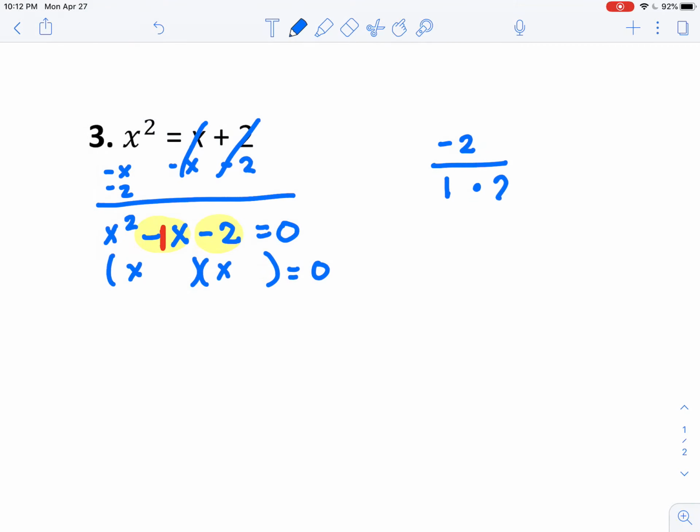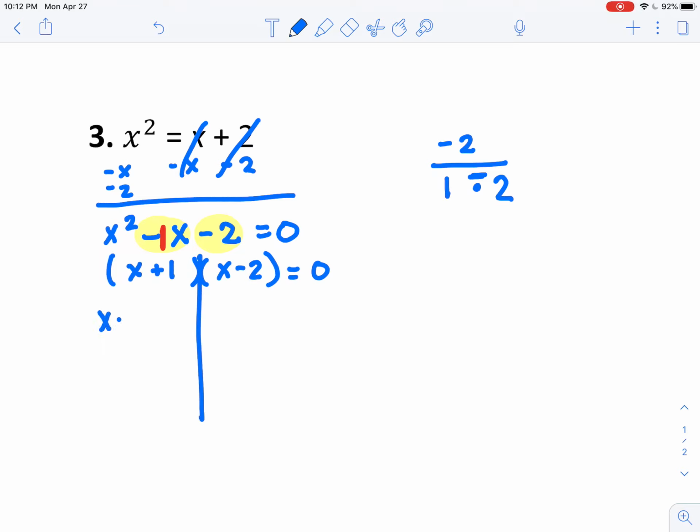The only numbers that multiply to 2 are 1 and 2. To get them to multiply to -2 and add to -1, we make the 2 negative. So our factors become x plus 1 and x minus 2.